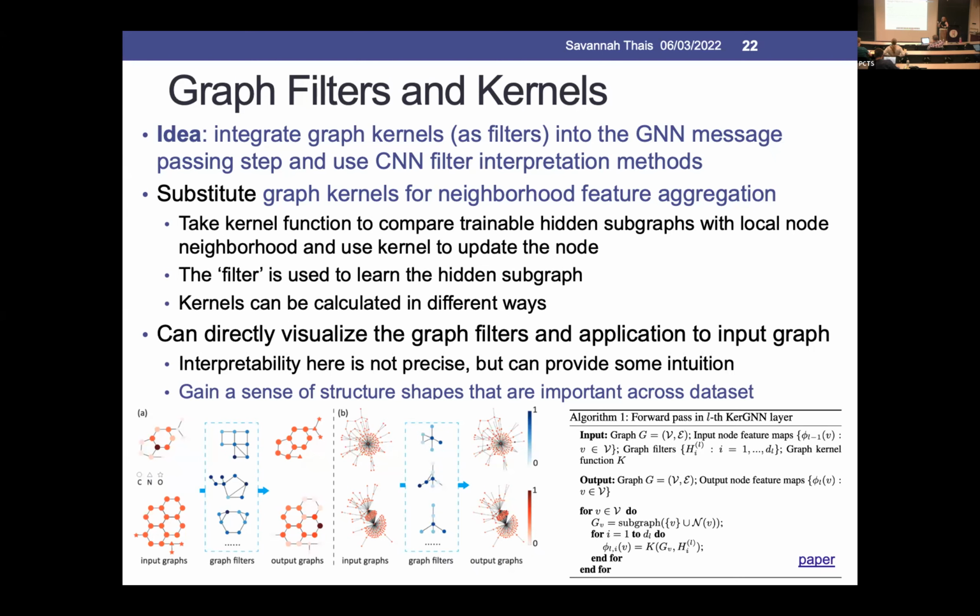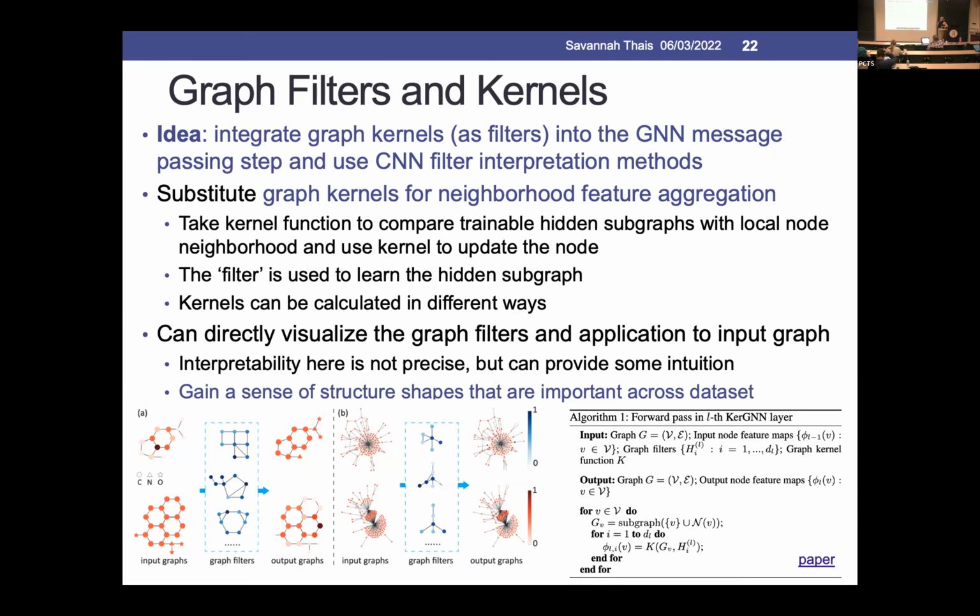What's interesting from the interpretability side here is that you can then visualize those graph filters that it learns and the application of those filters to the input graph to see what is important in the decisions. And what's interesting is you get a sense of what's important across the whole data set that you're looking at, rather than a specific graph that you're trying to explain.